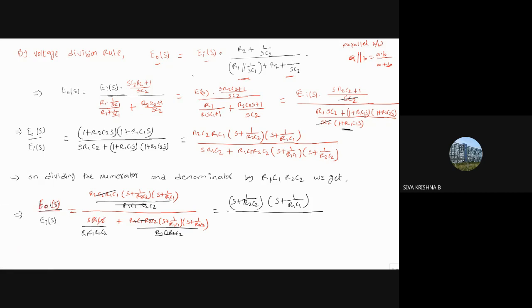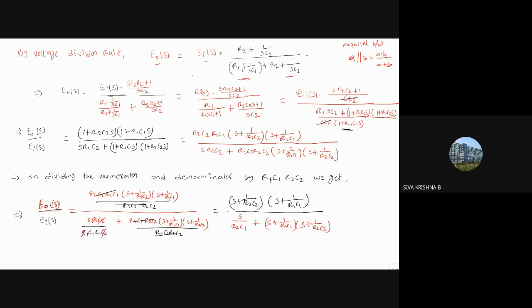R1C2, R1C2, right? So the remaining term is S by S1 R2C1 plus S plus 1 by R1C1, S plus 1 by R2C2.